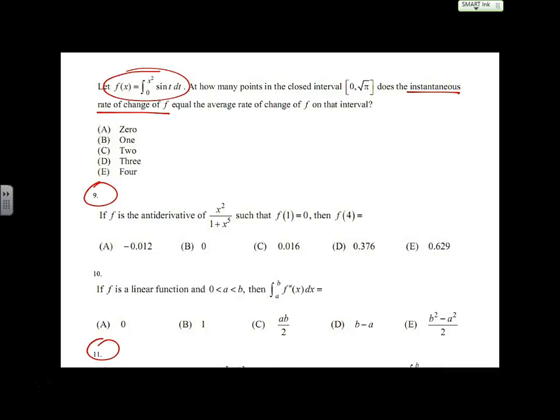What's instantaneous rate of change? The derivative. So just translating this little statement, we want to set f prime of x equal to the average rate of change, which is f of b minus f of a all over b minus a. Instantaneous is the derivative, yeah? Average is f of b minus f of a all over b minus a, yeah?